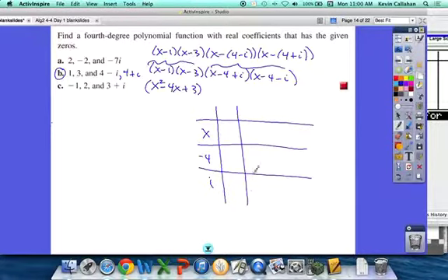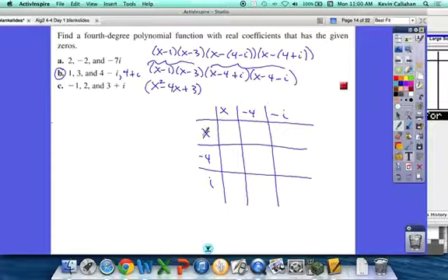And on the top, I will write x minus 4 minus i. And then I'm going to fill in the grid by multiplying what's at the left and at the top. There should be 9 things that I make by multiplying 3 things times 3 things. It's just a way to keep straight all the multiplying you've got to do.